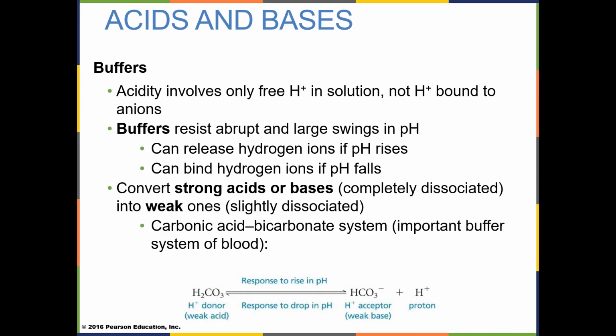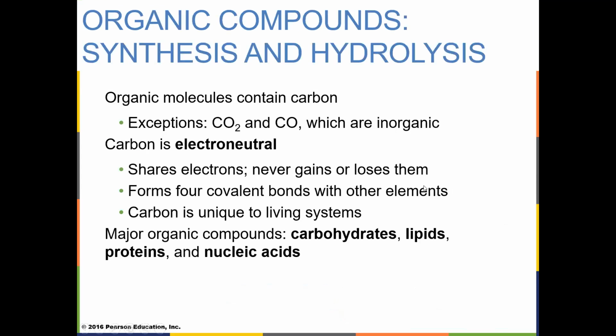So we use buffers to neutralize excessive acids or excessive bases in our plasma. Okay, so that's pretty much the basic chemistry from the inorganic side here. Let's talk about the organic side.